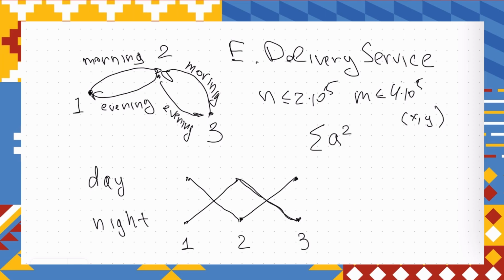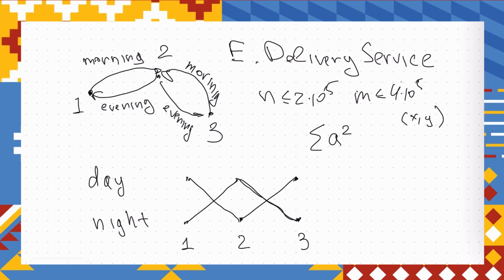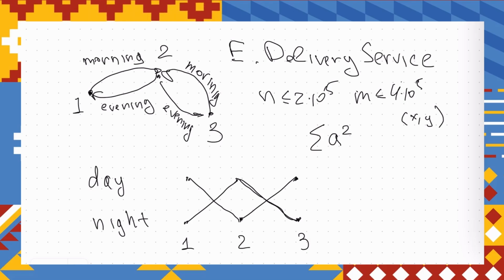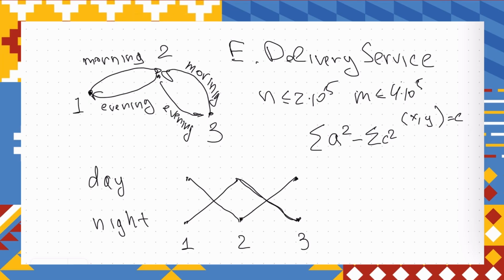If some vertices have the same value of this pair, then we count it twice and need to subtract it. So for each such pair, we can compute the list of vertices which have this pair of components right now. Let's call its size C, and in the end we need to subtract the sum of C squared over all pairs. That would be our answer.